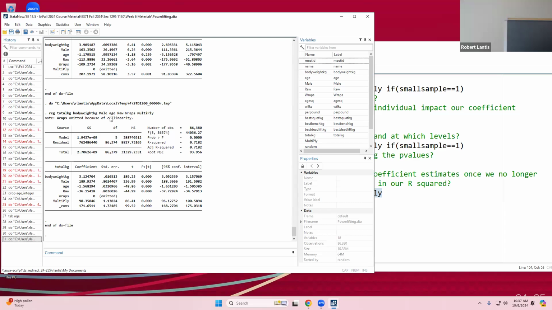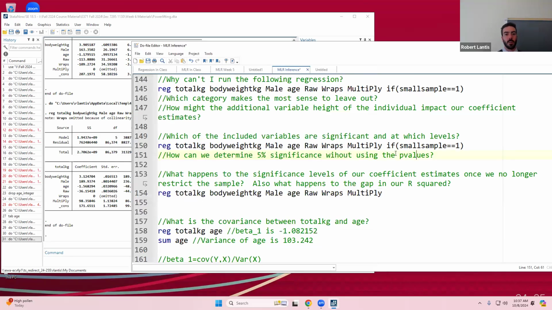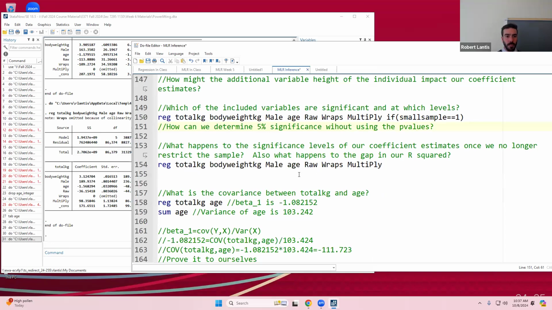In our smaller data set, the group with the smallest number of observations was multiply. Here it ended up being that RAPS category. If we allow Stata to do this, it's just going to choose the one that has the smallest number of observations. That might not always be what we want. But in terms of the exam, you don't have to worry too much about that. That's more about working with actual data.